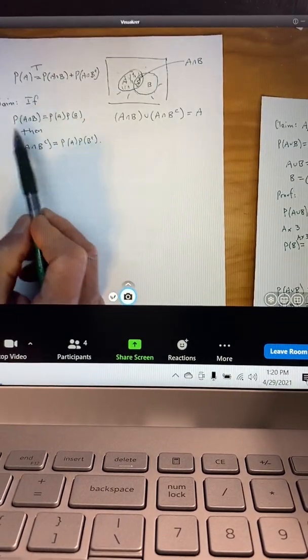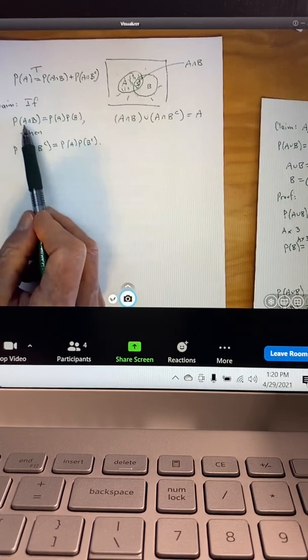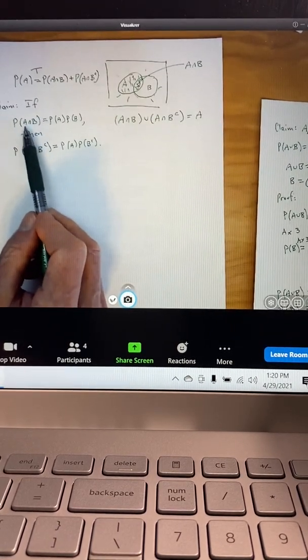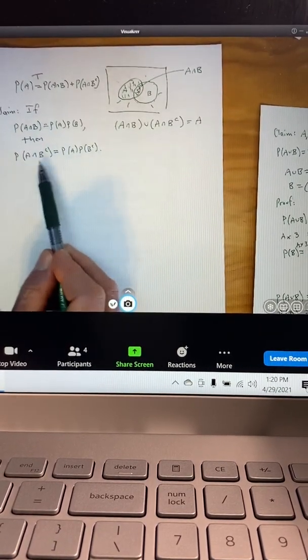In other words, if A and B are independent, then so are A and B complement.